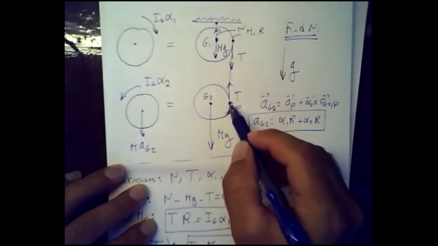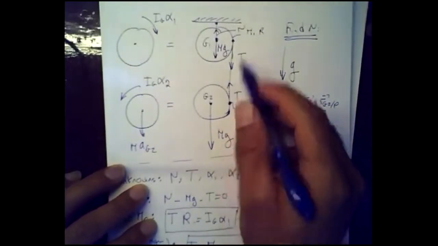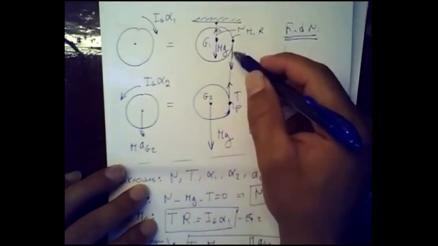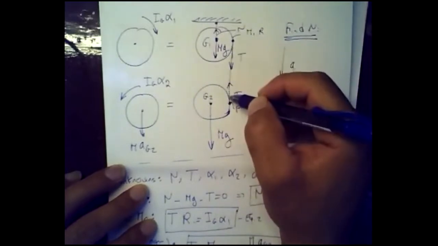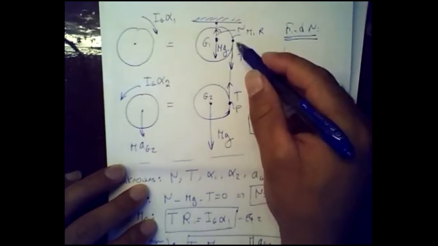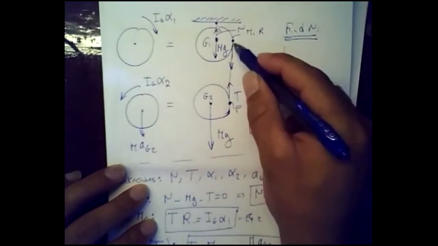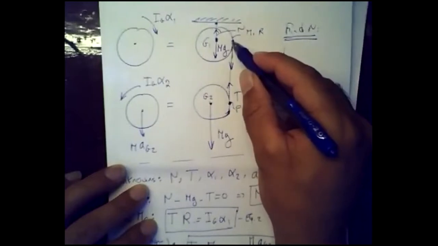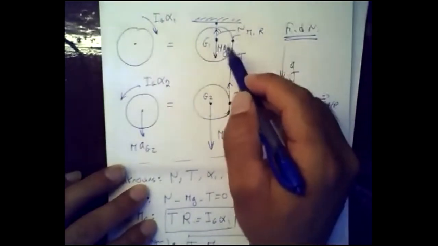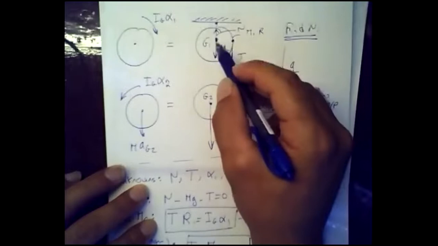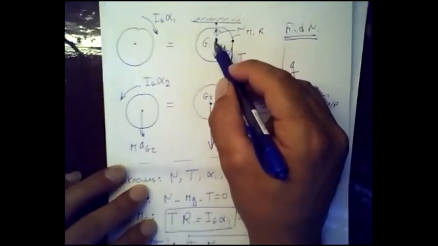But how do you know the acceleration of point P? We know point P basically belongs to the rope, and the rope is going down vertically. The acceleration of this point has to be equal to the acceleration of that point, and that point belongs to that rigid body, and the acceleration of that point is equal to alpha r, because that pulley is rotating about the center.